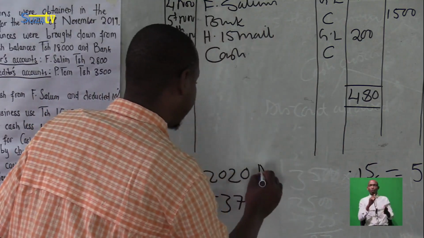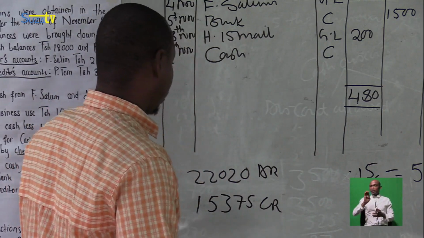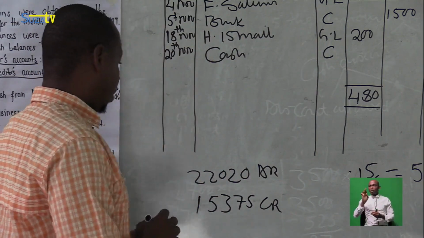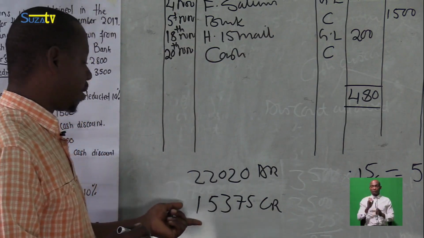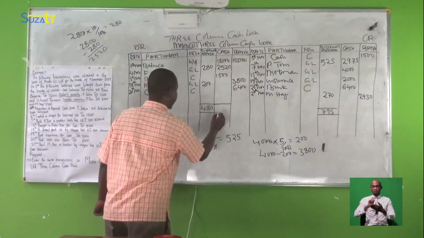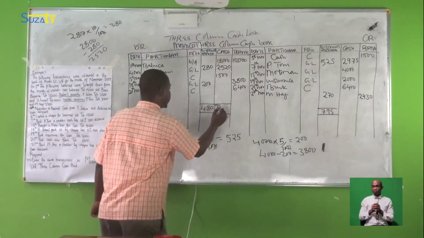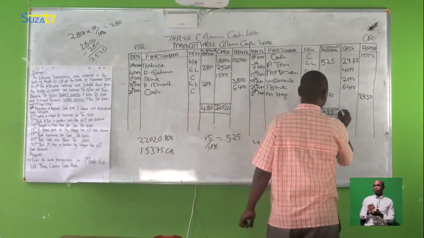This is debit and this one is credit. We see that the debit side is greater than the credit side. You put the greater, 22,020, here and here.